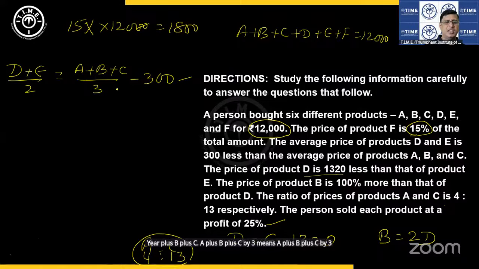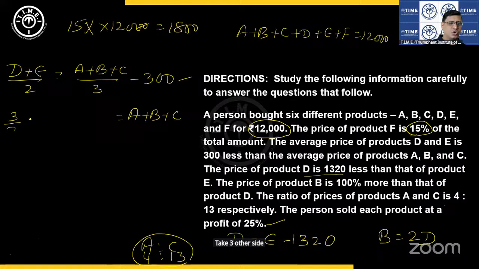Here LCM is 3. So 3 into 300, 900. So A plus B plus C value is equal to, taking 3 to the other side, 3 times of (D plus E by 2) plus 3 times 300, that is 900.